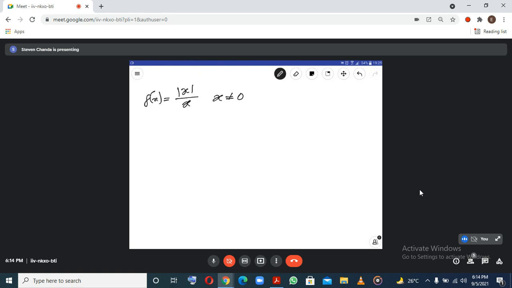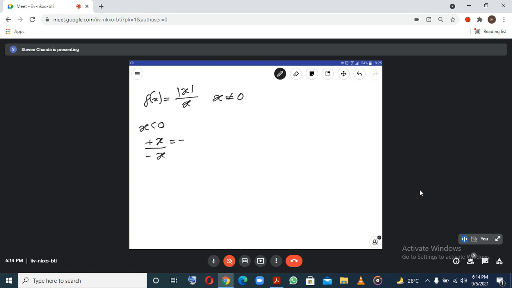So we know that the denominator is always going to be positive, right? Because of that absolute value. But the numerator is the one that can have a negative value.